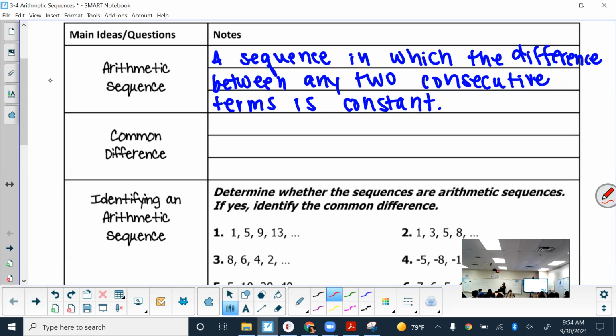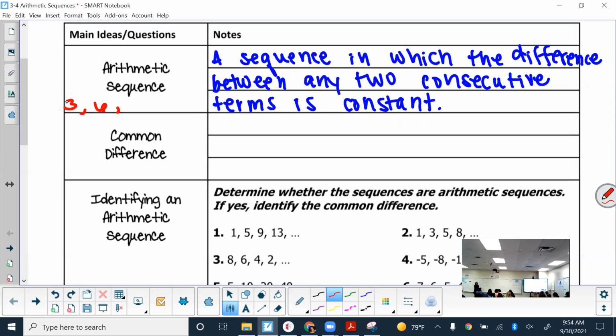Like what are consecutive integers? Like 1, 2, 3, 4. They're numbers that are right next to each other, right? Well, in arithmetic sequences, the consecutive terms might not necessarily be like 1, 2, 3, 4. It just depends on whatever sequence you have.